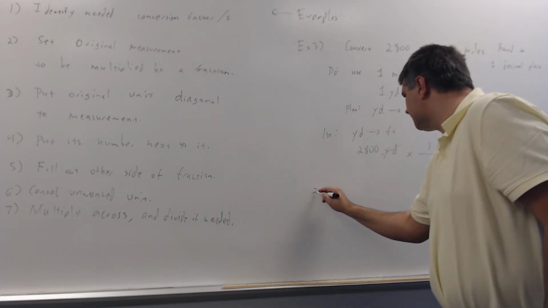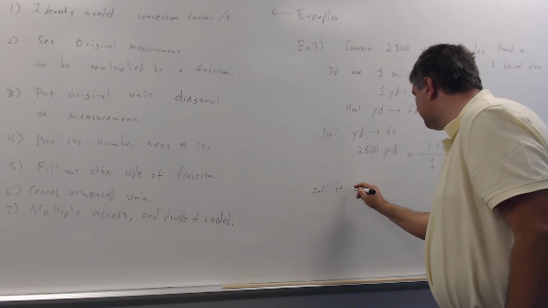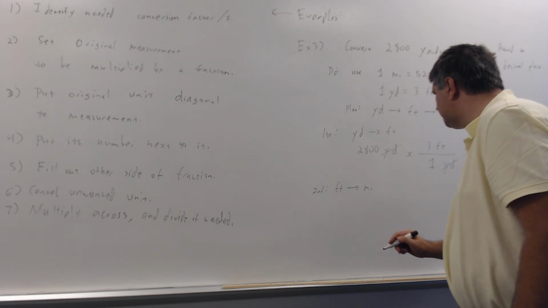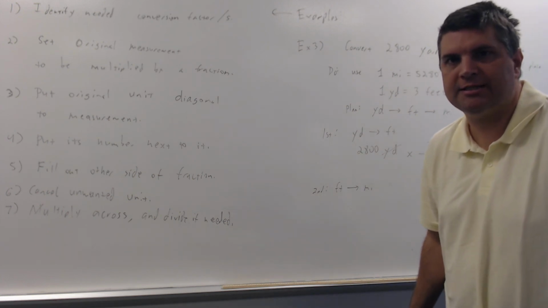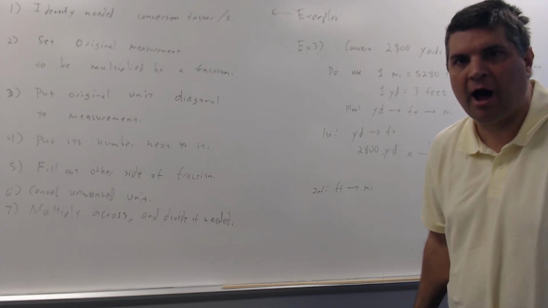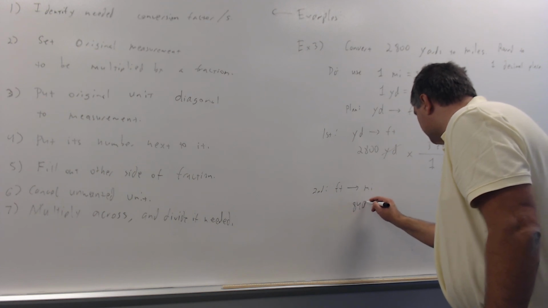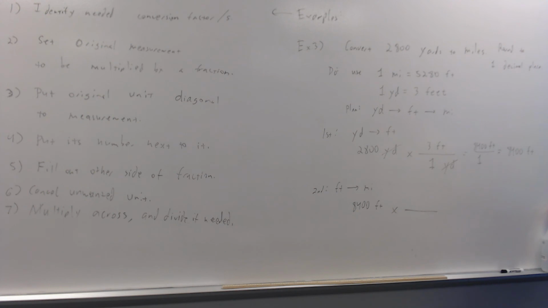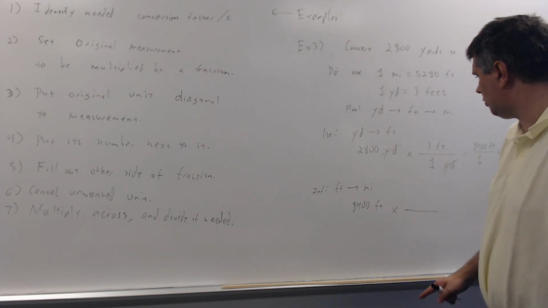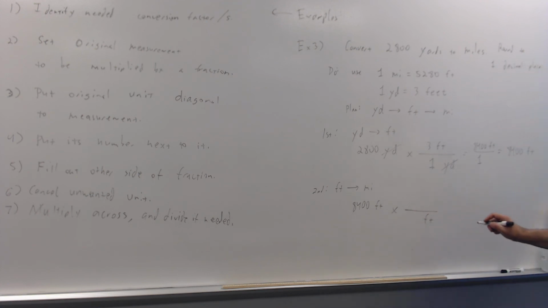Second, feet to miles. Notice that the symbol for miles is MI. M stands for something else. MI is a symbol for miles. So, 8,400 feet times a fraction. The unit that's intended to be canceled is the feet. We're using this conversion.